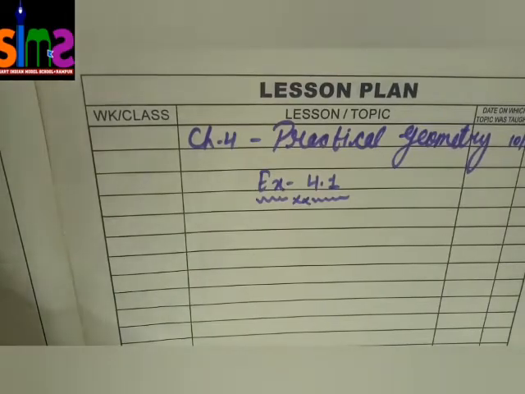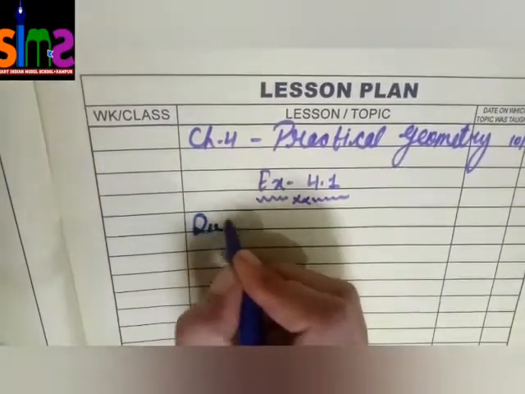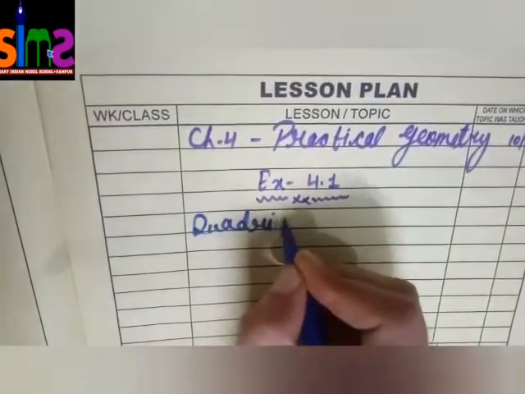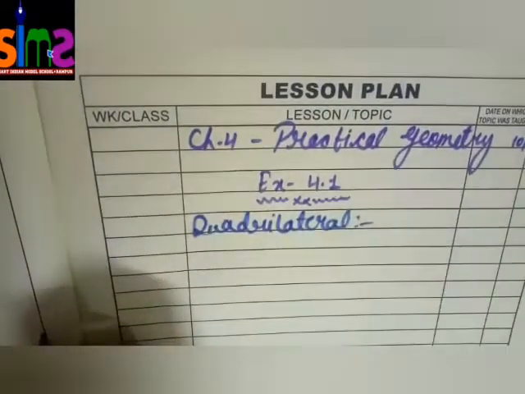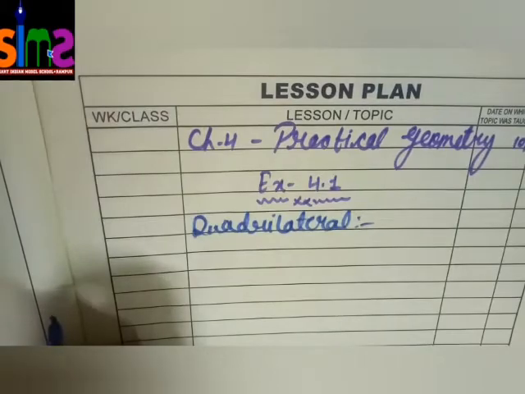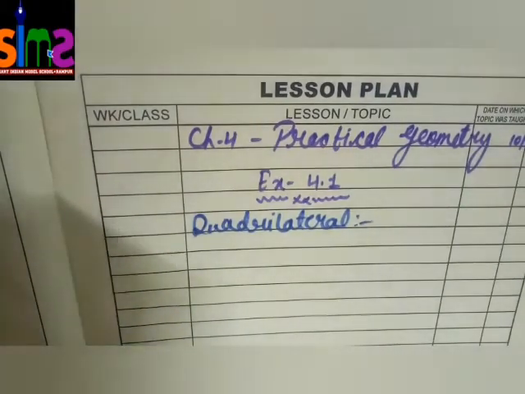The question occurs, what are the quadrilaterals? So the answer is, a closed figure with 4 sides is called a quadrilateral.